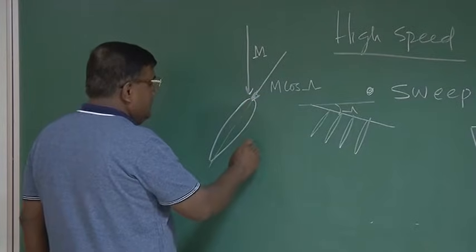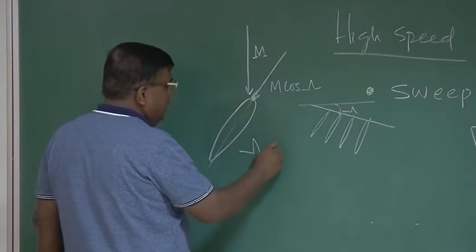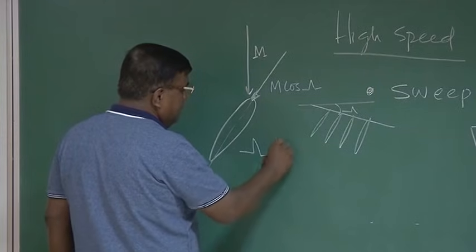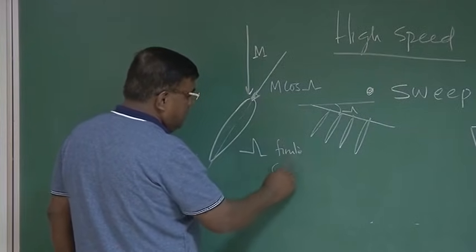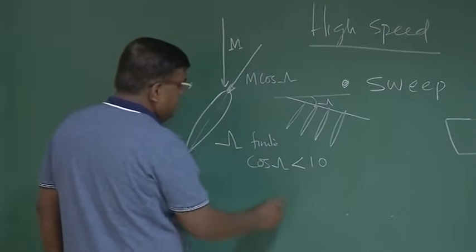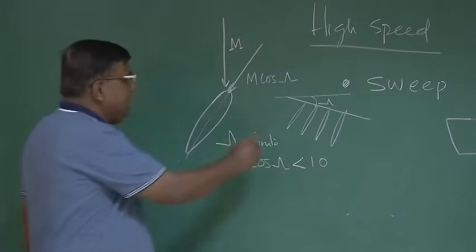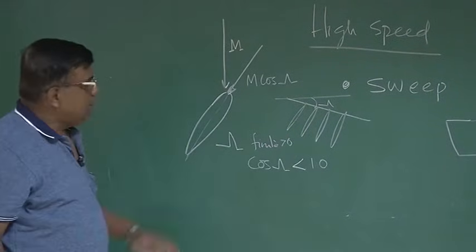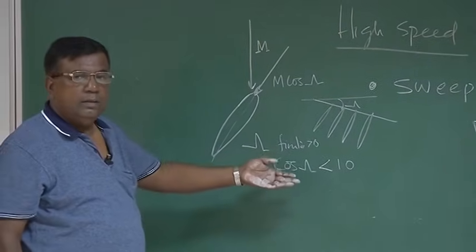Now what will happen? Since for lambda finite, cos lambda is less than 1. That is, if lambda is finite and greater than 0, then cos lambda will always be less than 1.